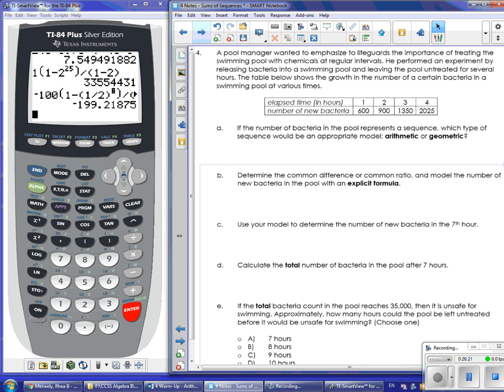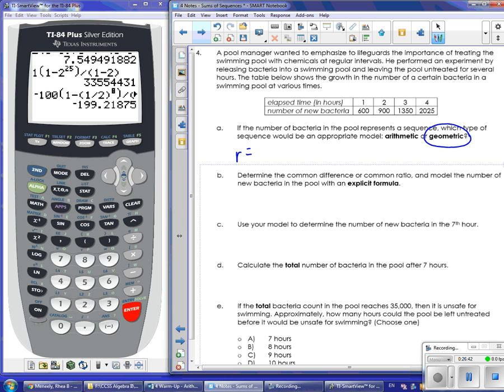And I think, again, if you look at the numbers, it's going from 600 to 900, and then it jumps to 1350, and then all the way to 2000. I think it's obvious that we're not constantly adding the same number to each term. So I think it's probably obvious that we're dealing with a geometric sequence. And so one of the things we're going to have to figure out is the value of r.